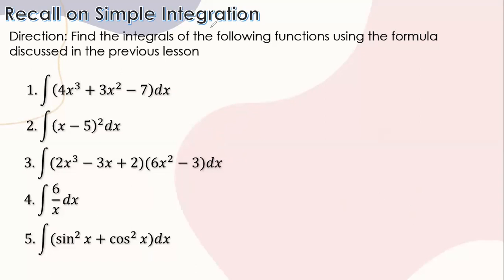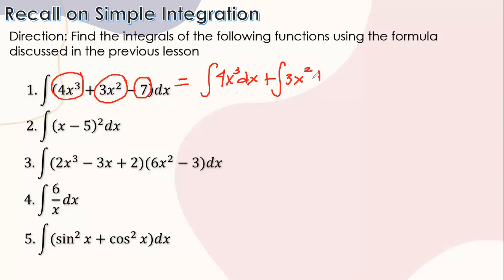So for this, we'll integrate it by term. So first, integrate 4x cubed, and then 3x squared, minus 7. We could skip writing them one by one, but for the sake of our lesson: the integral of 4x cubed dx plus the integral of 3x squared dx minus the integral of 7 dx.